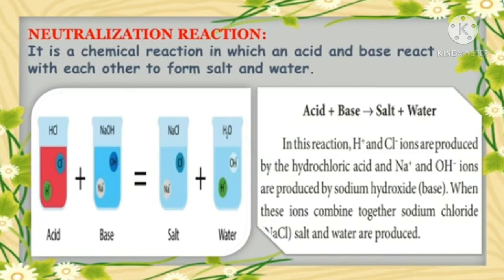For example, an acid, HCl, mixed with base NaOH gives NaCl plus water, that is salt plus water. H+ and Cl- ions, that is hydrogen and chloride ions, are produced by the hydrochloric acid, and Na+ and hydroxide ions are produced by the sodium hydroxide base. When these ions combine together, sodium chloride, NaCl salt, and water are produced.